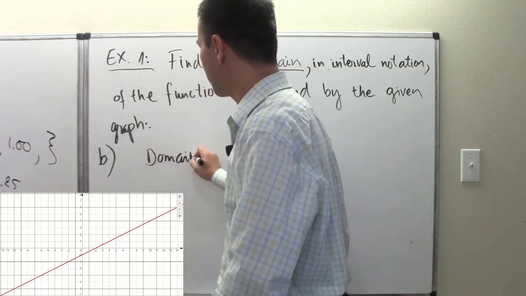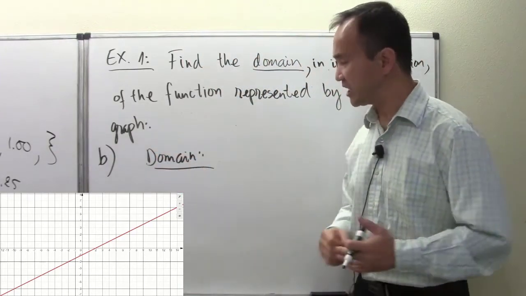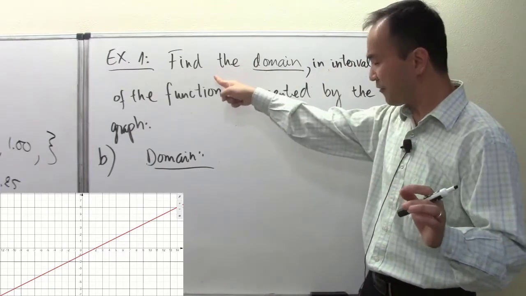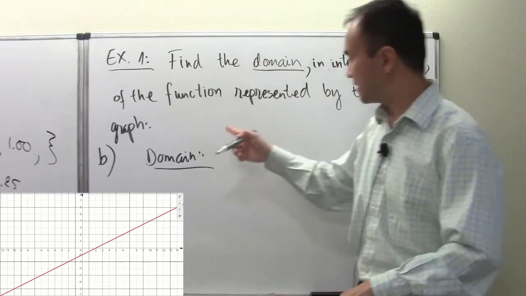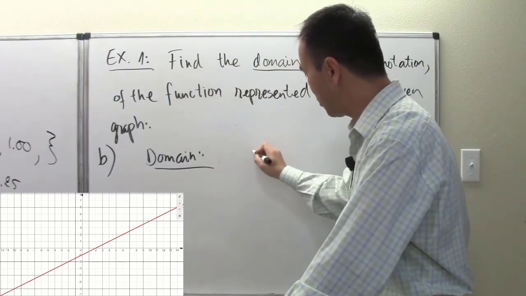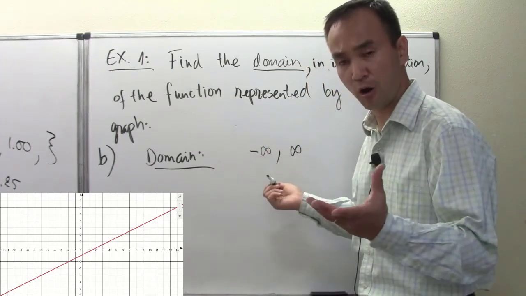Okay, so for a graph like this, I can say the domain of this function. Starting with part B, after the detailed explanation earlier, I added that clear indication that we want to find the domain, and express the answer in interval notation, of the function that's represented by the given graph. So the domain here is anywhere between negative infinity and infinity. All real values.